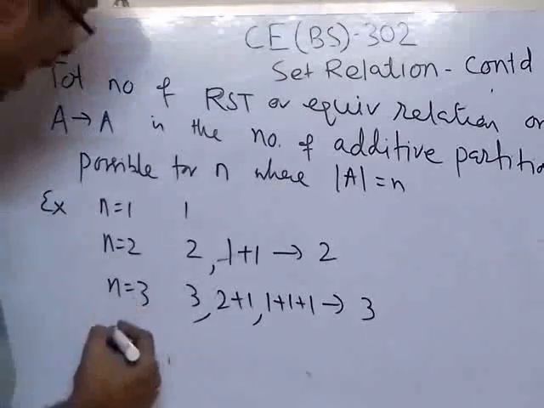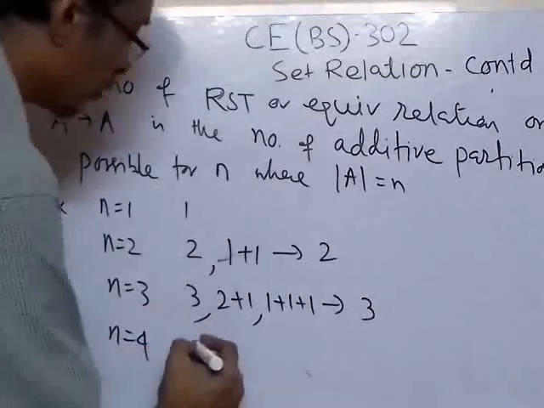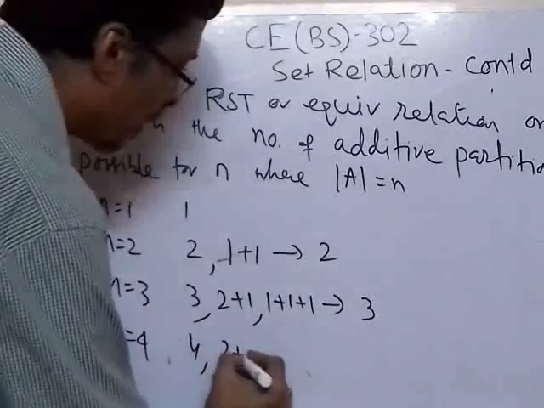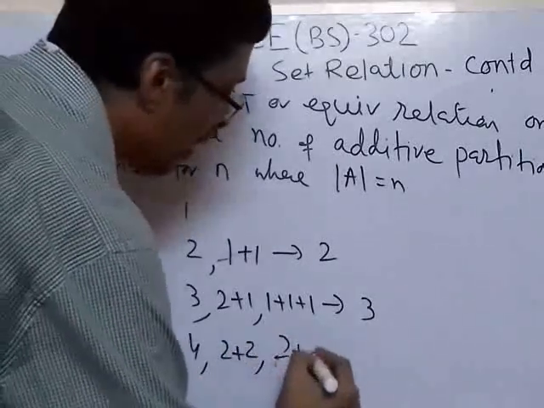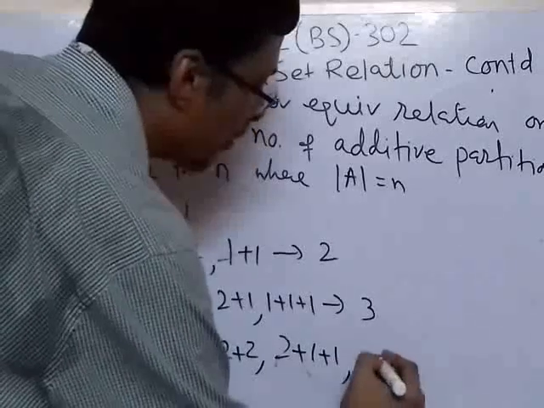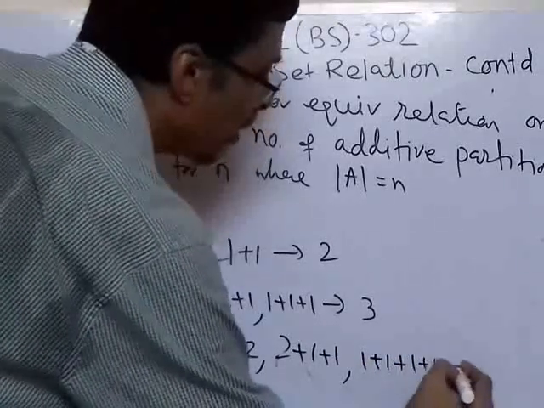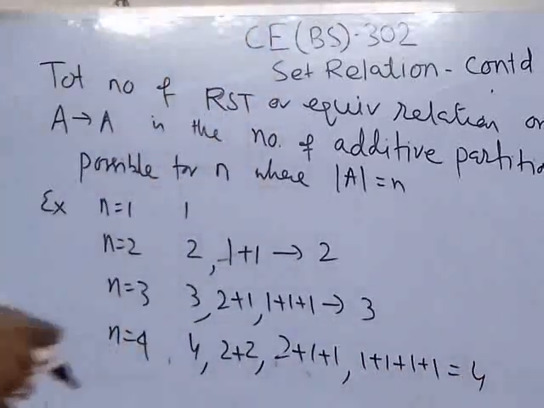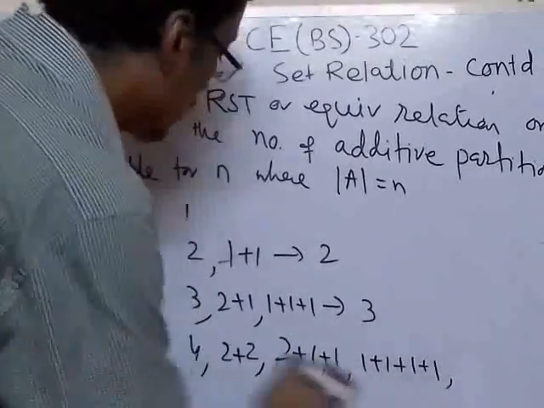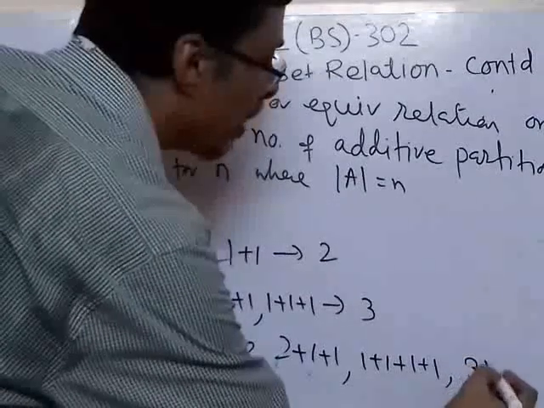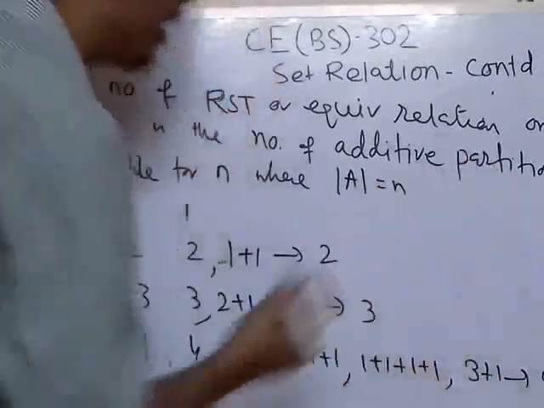And n equals 4. This should be 4, then 2 plus 2, then 2 plus 1 plus 1, and 1 plus 1 plus 1 plus 1 equal to 4. Sorry, there will be another one, 3 plus 1. So the total number is 5.